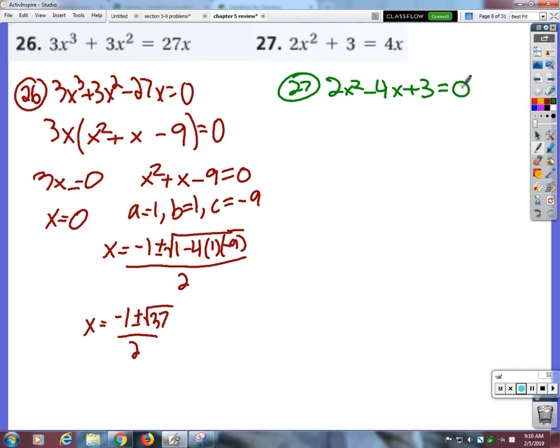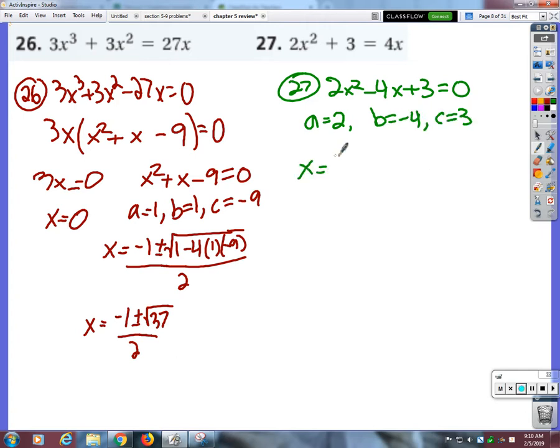Okay? What's A? Yeah, but that 2 screws things up, and plus it's got to be both negative or positive. A is 2. What's B, Joe? And what's C? Okay.